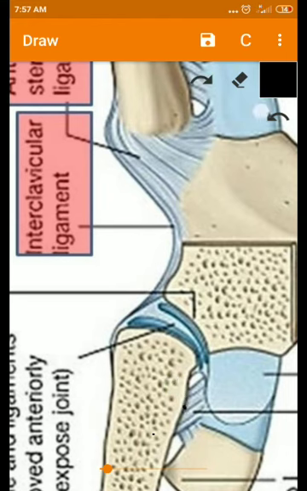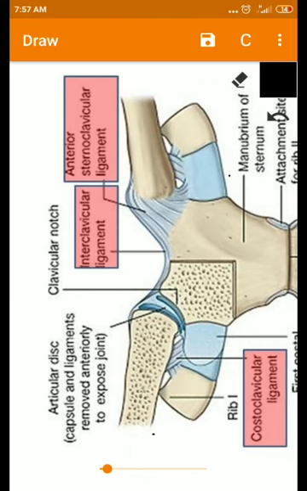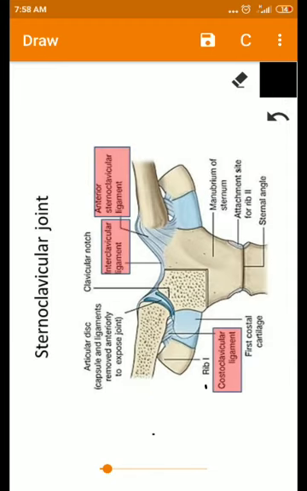Like this, the costoclavicular ligament is arranged, giving support and connecting the first rib and the clavicle. This is about the ligaments of the sternoclavicular joint.